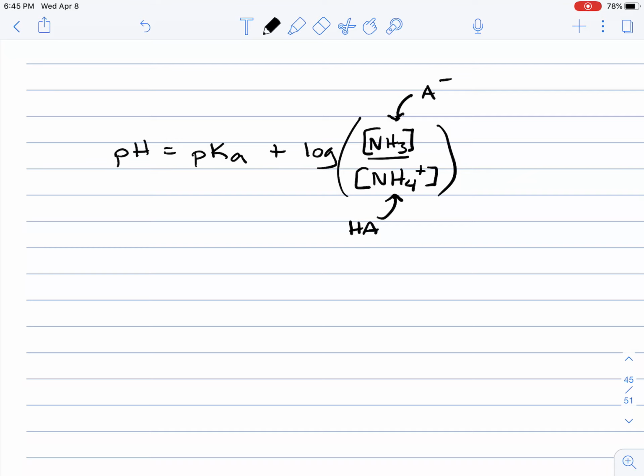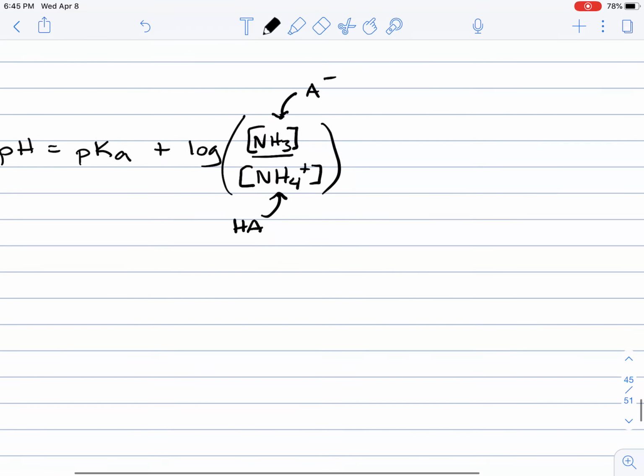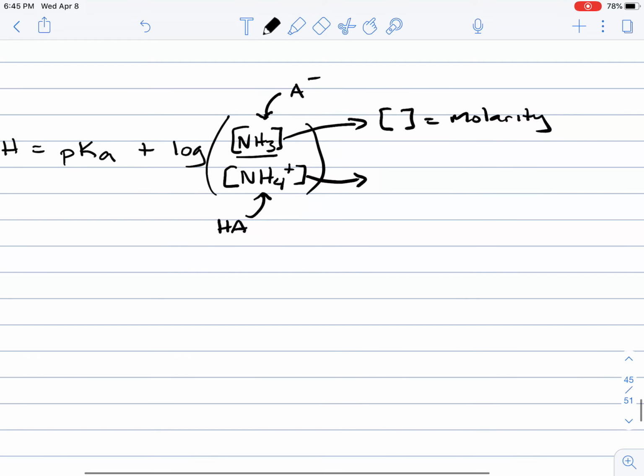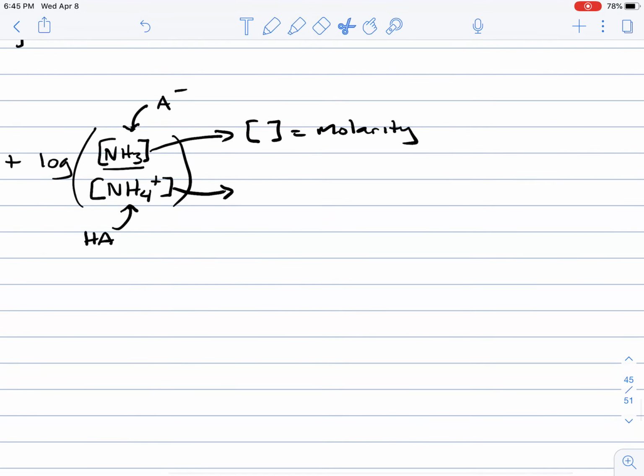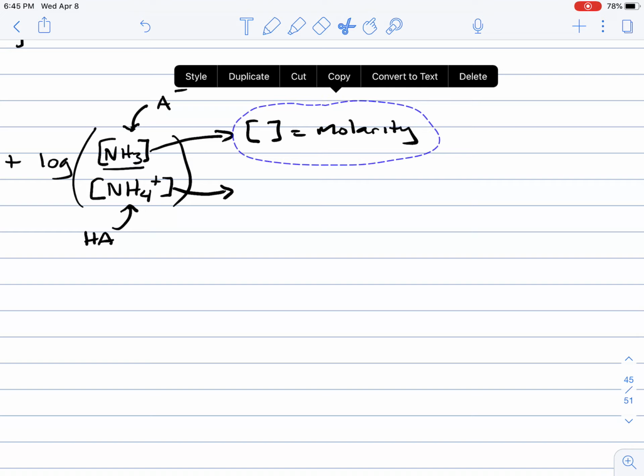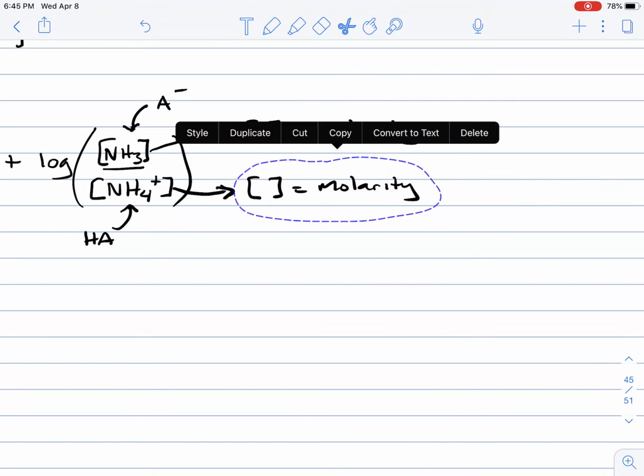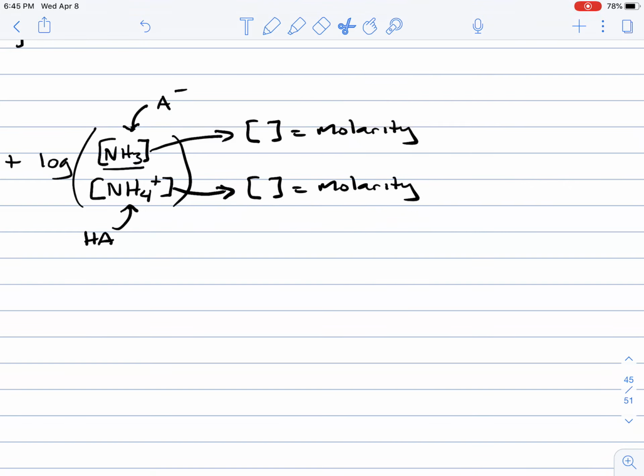Once again, these brackets represent molarity, and I'm going to duplicate this for completion of my notes. Molarity is moles per liter.